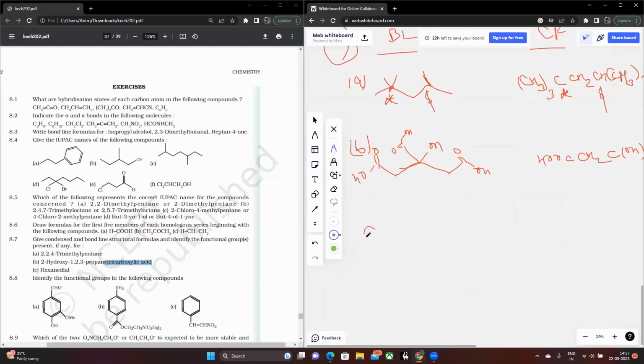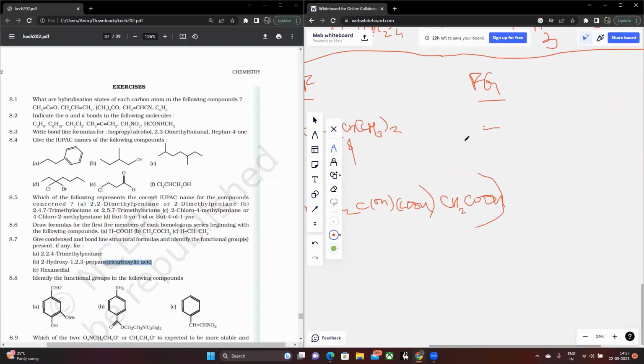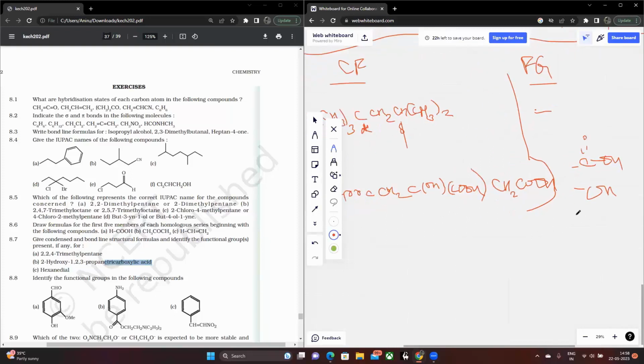And finally, I forgot the functional groups. Here the functional groups are carboxylic acids, that is the C dash COOH, the carboxyl group, not carbonyl, I'm sorry, carbonyl is CO. COOH is the carboxyl group, and you have the OH as a hydroxy group.